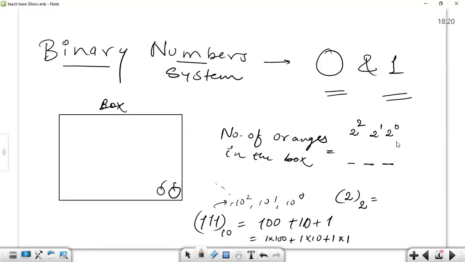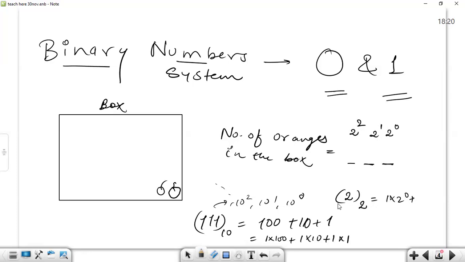If we take 1 into 2 raised to power 0, then one is remaining, and we cannot take any other digits, because we can only use binary numbers here, 0 or 1. So if we write 1 into 2, then 1 is left, and we cannot make 1 further on, because further on there is always 2.